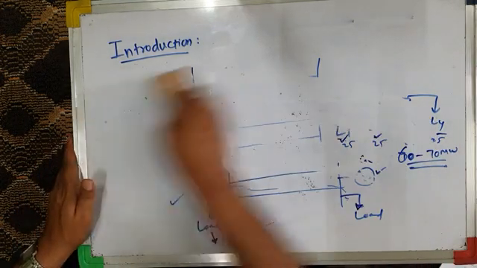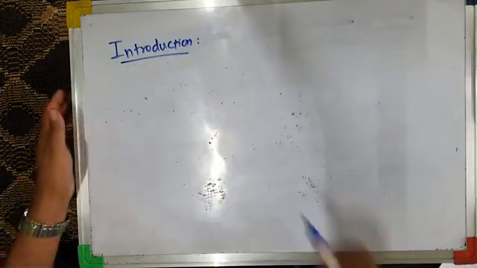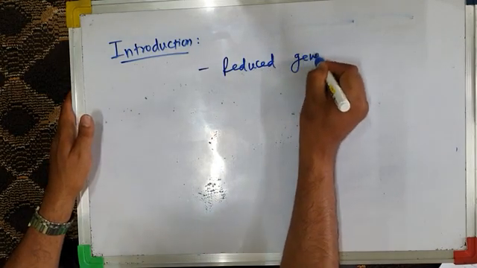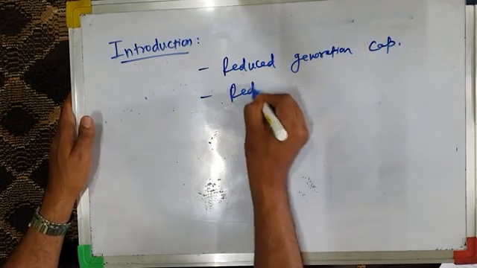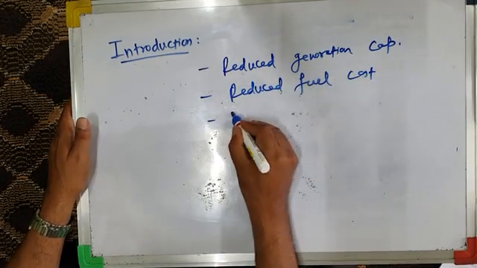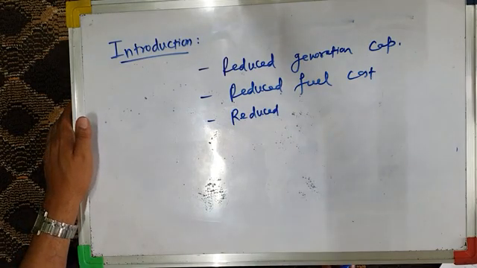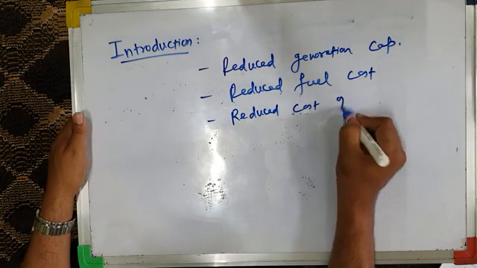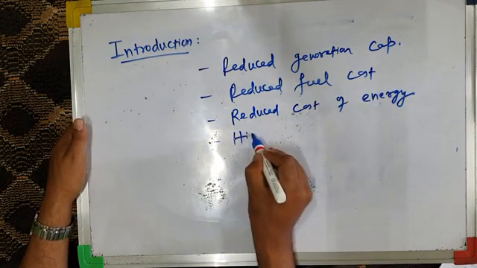So the advantages of interconnected transmission networks, or interconnected power systems, are reduced generation capacity, reduced fuel cost, reduced cost of energy, and high reliability.